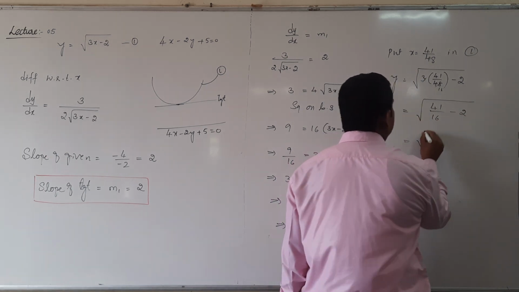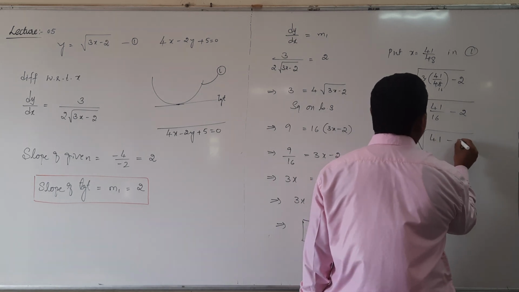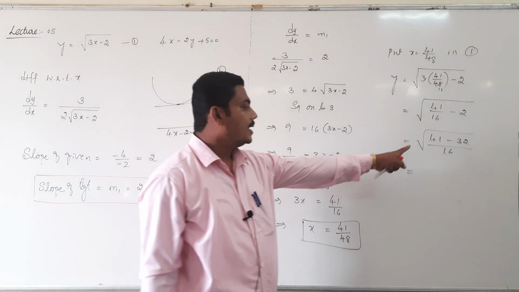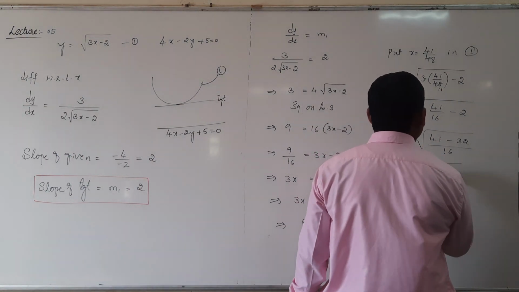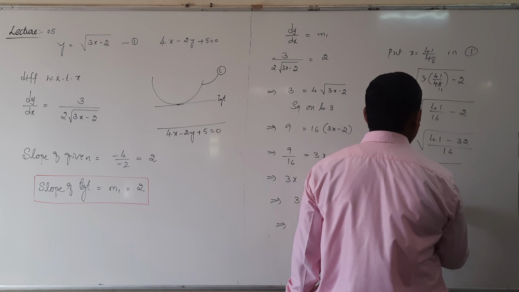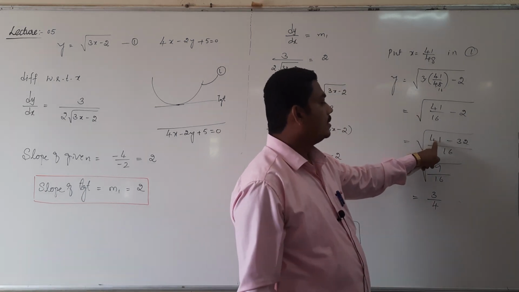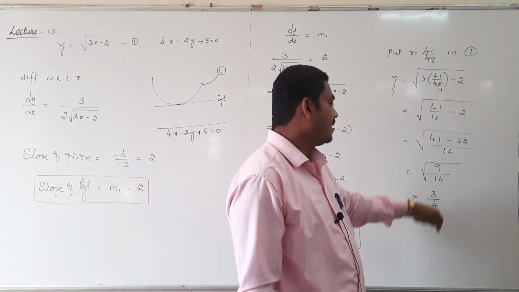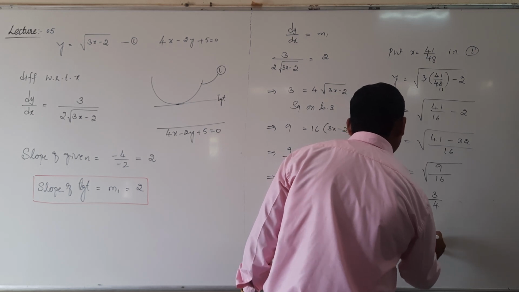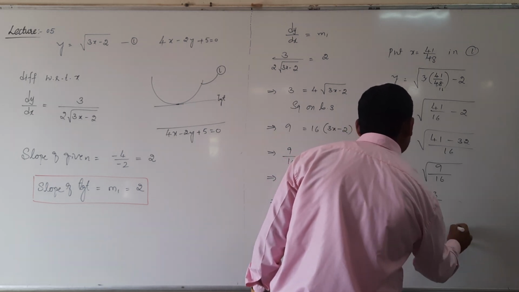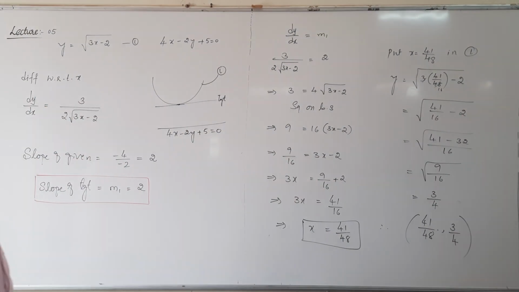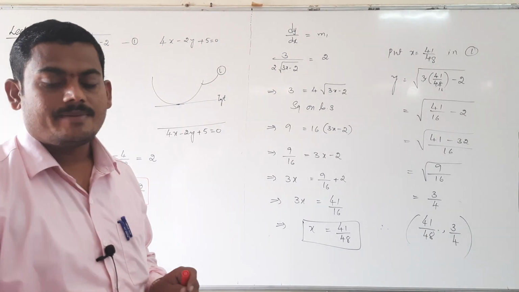Now take LCM, square root of 41 minus 32, whole thing divided by 16. 41 minus 32 is 9, so it is square root of 9 divided by 16, that is 3 divided by 4 only. Therefore, our point is 41 divided by 48, comma 3 divided by 4. This is our point. Now write the equation of the tangent, and this problem is very important for 3 marks.